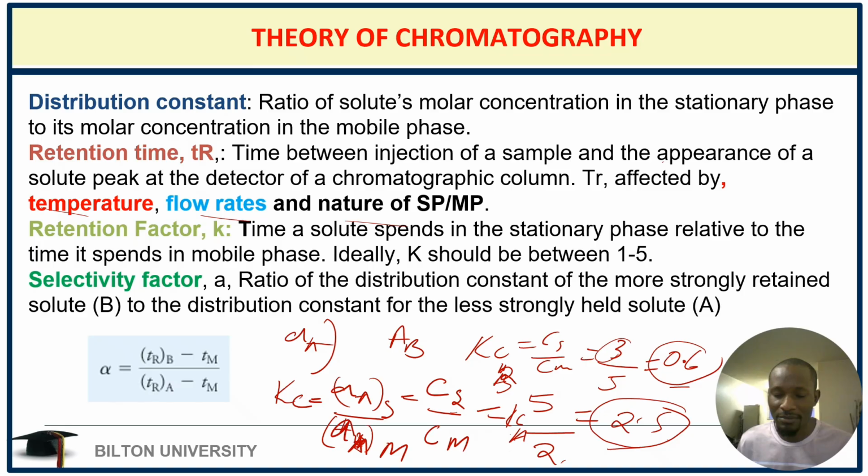Remember, retention time is the time it takes a solute to move from the time you introduce it to the column until it gets out, or until it gets detected by the detector. So now, let's take an example of a mobile phase which is a gas.